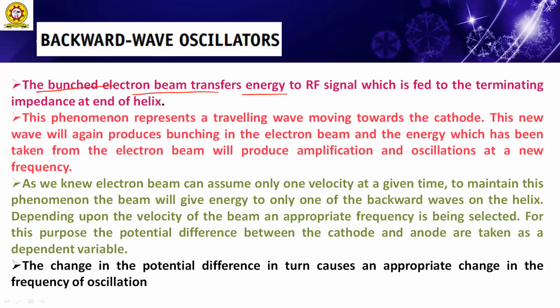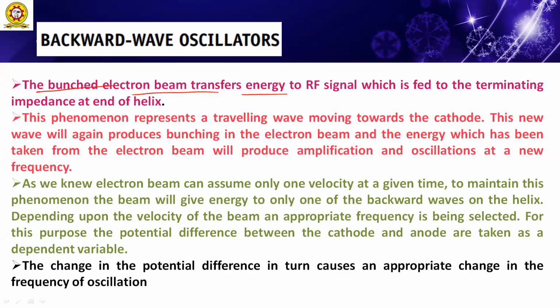So this phenomenon represents a traveling wave movement towards the cathode. When the electron beam attains energy, the electron beam creates a bunch of electrons. These bunches of electrons further result in the amplification process.